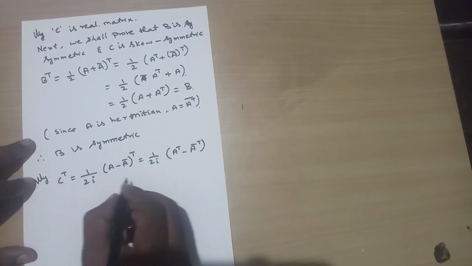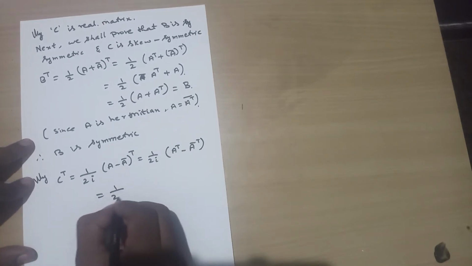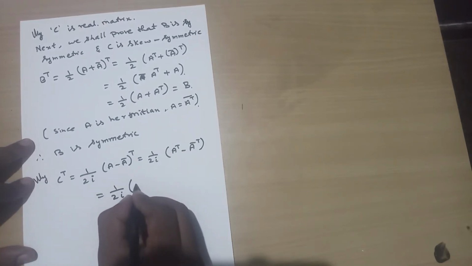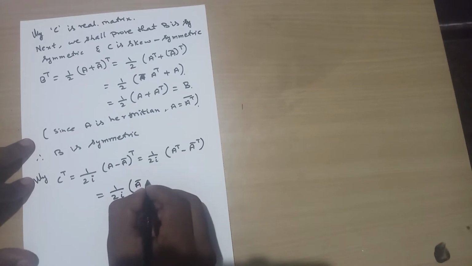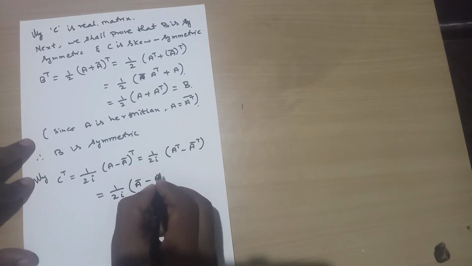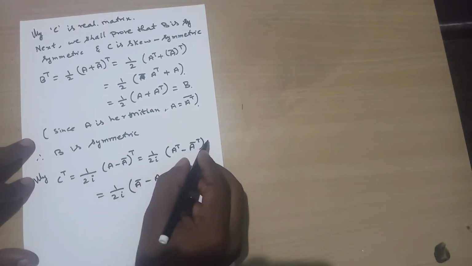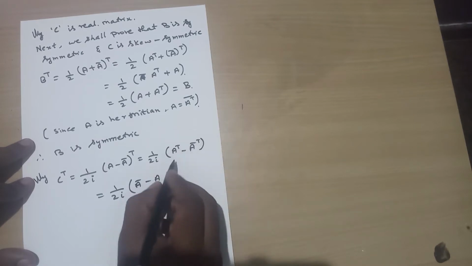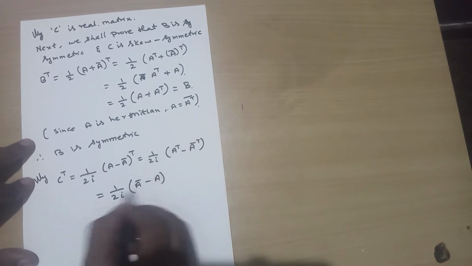Again, this can be written as 1 by 2i into A transpose, which is A conjugate, minus this, which can be written as A. Okay, so I will take minus sign outside.